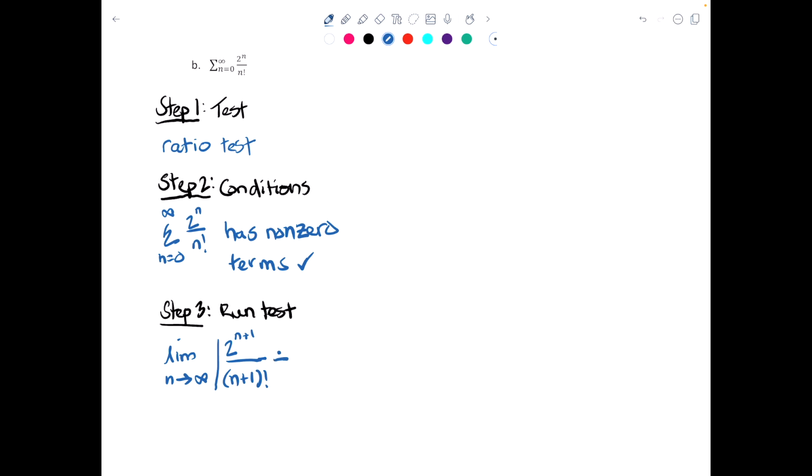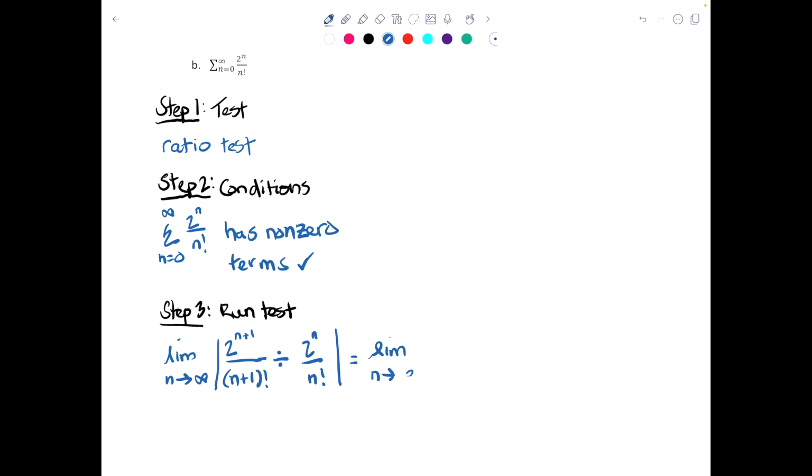And then it's going to be divided by the nth term, which is 2 to the n over n factorial in absolute value. Now, we have a positive term series, so we don't need the absolute value. And remember, when you divide by a fraction, you invert and multiply.